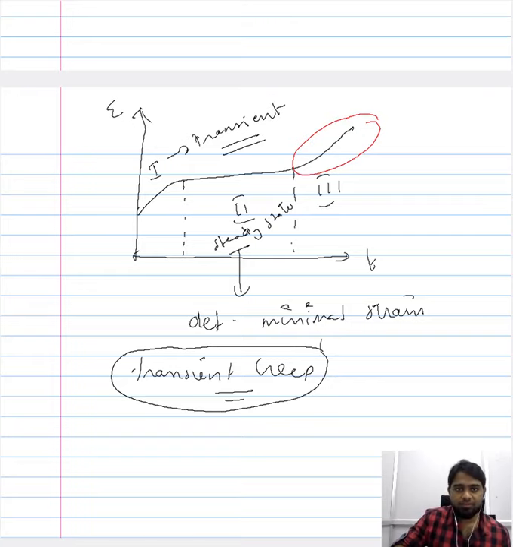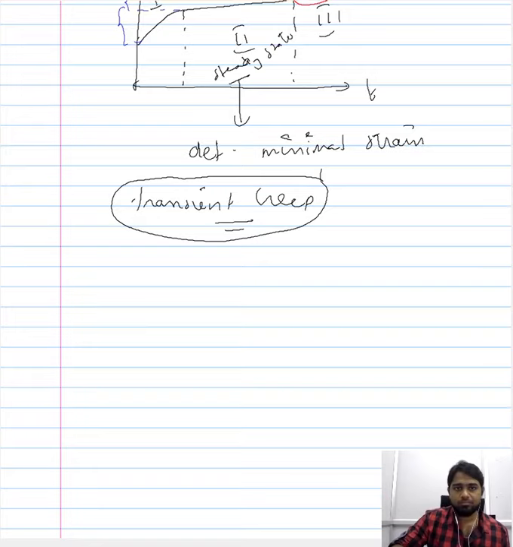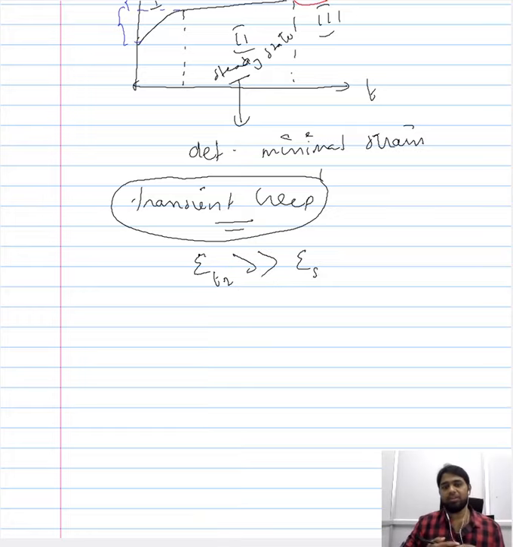So if you plot it here, this is the strain that is brought about by the transient creep, and this is the strain that is brought about by the steady state creep. When you compare the two, of course the strain brought about by the transient creep will be higher, because by definition we have defined the steady state condition as a region wherein the strain is minimal.